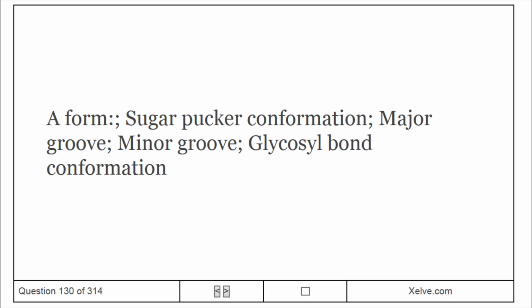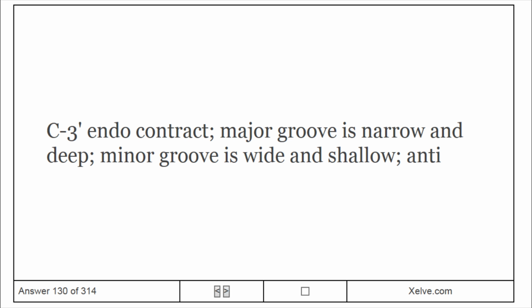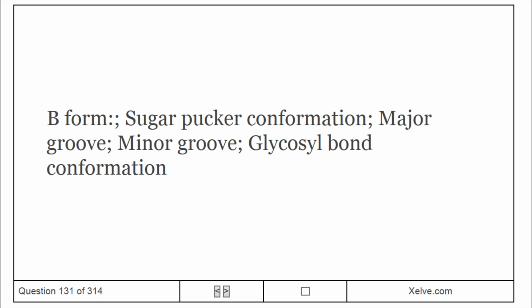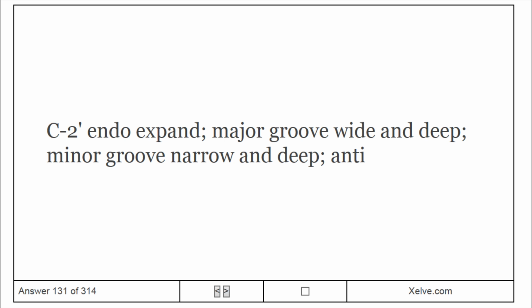A form: sugar pucker conformation, major groove, minor groove, glycosyl bond conformation. C3' endo, contracted, major groove narrow and deep, minor groove wide and shallow, anti. B form: C2' endo, expanded, major groove wide and deep, minor groove narrow and deep, anti.